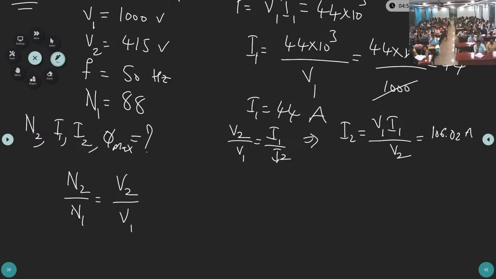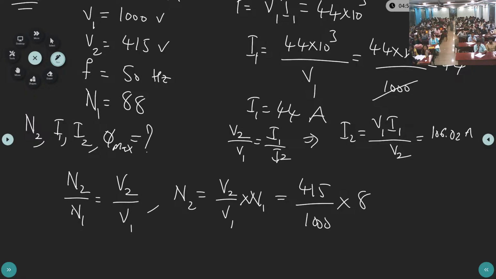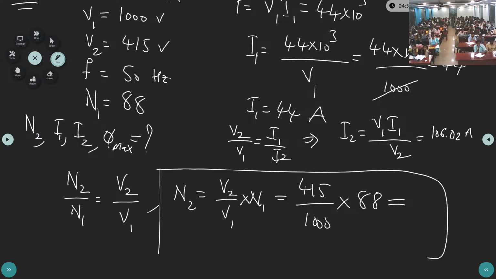What we require is N2, so N2 is equal to V2 by V1 into N1. V2 value is 415, V1 value is 1000, into N1 88. So that is 36.5 turns, which cannot be, a number of turns with a decimal. You take 36 or 37.